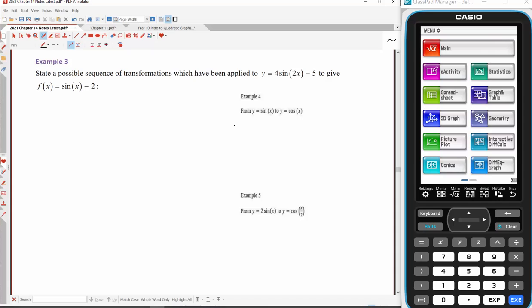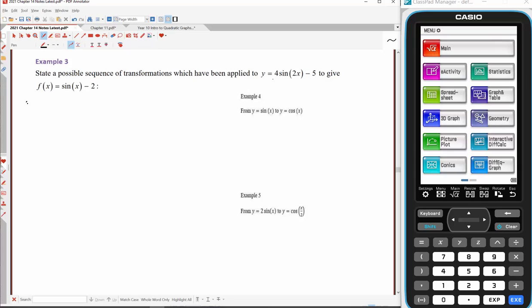Okay, so last few problems. State a possible sequence of transformations that may have, or that have been applied to this to become this. Now this gets harder, and it's harder to use intuition to go from a transformed basic to another transformed basic. And really the only way I do these ones is by using mapping.